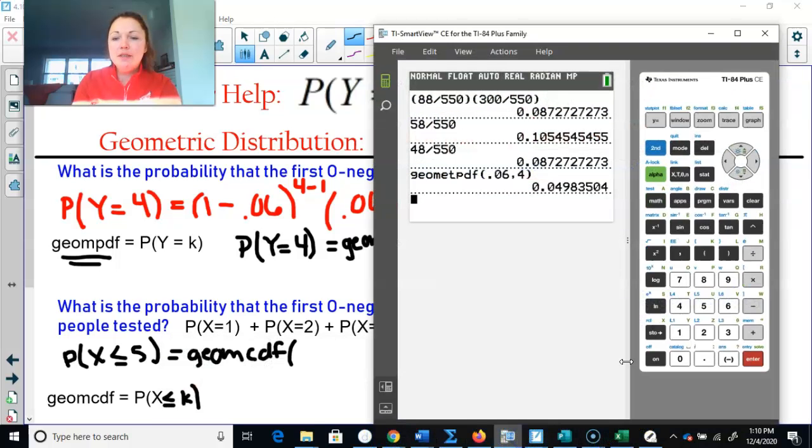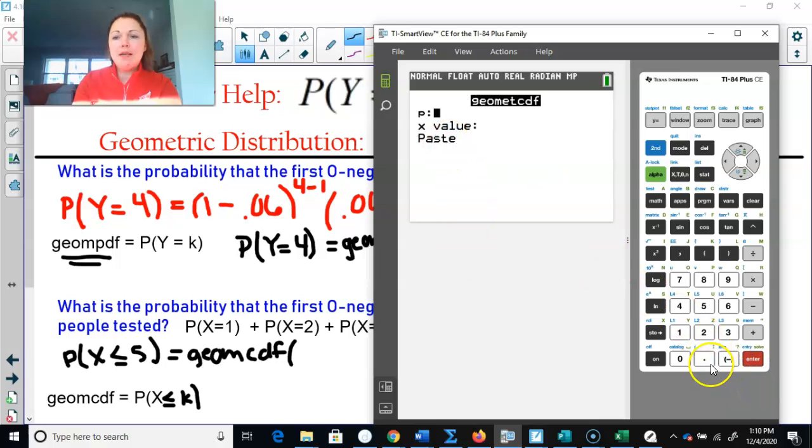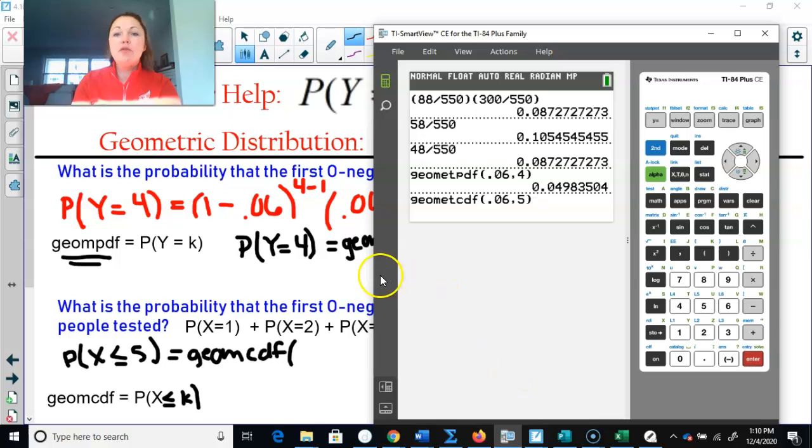All right, so here we go. Calculator is right here. Second, vars, CDF. My probability is 0.06. My X value or K value is 5. I hit paste. Those of you with the old calculator do 0.06, your comma is right there, 5 is right here, close the parentheses.